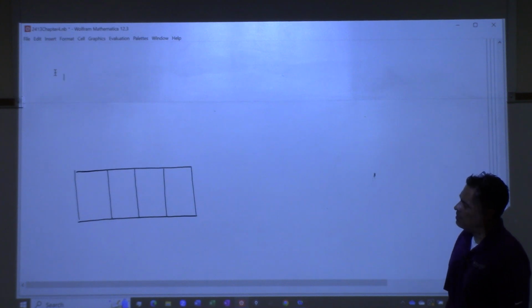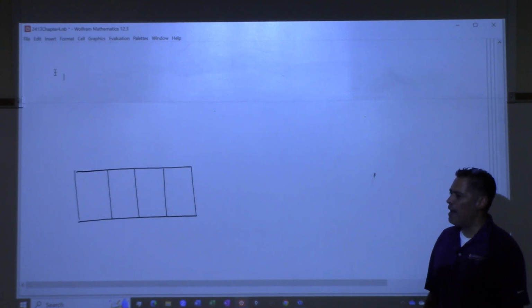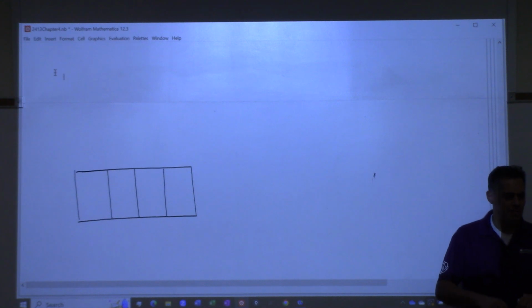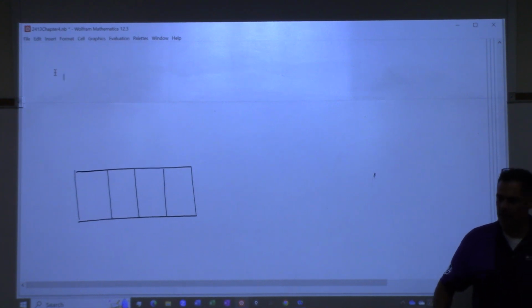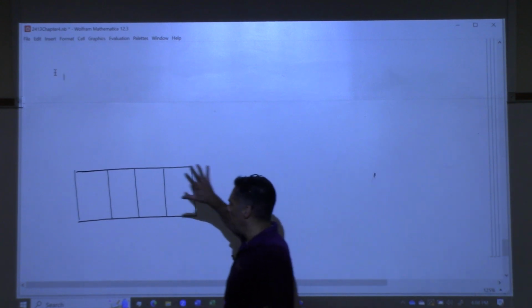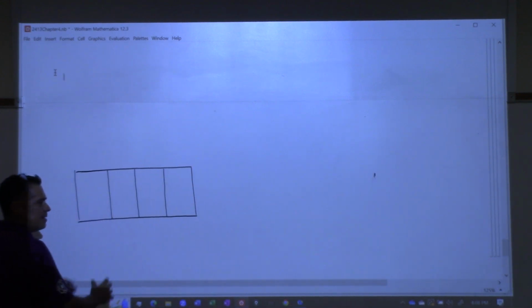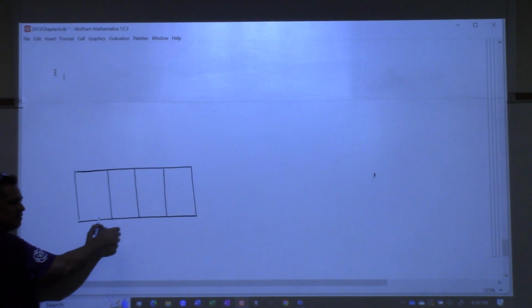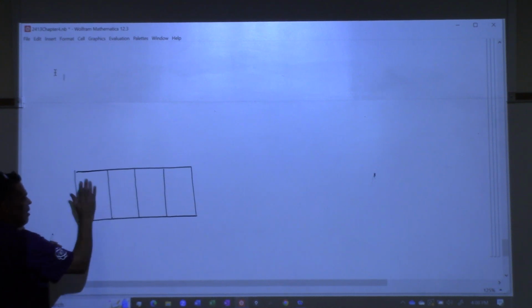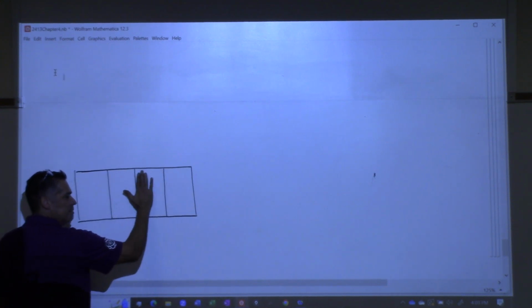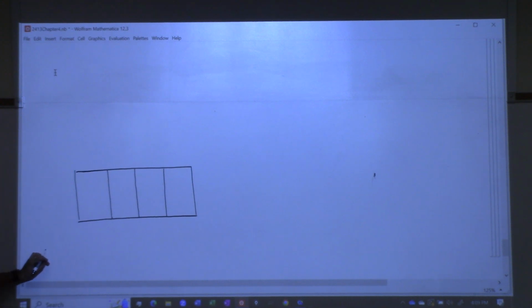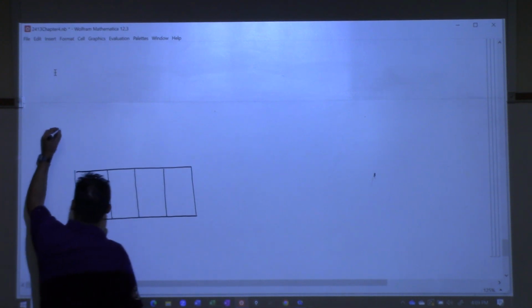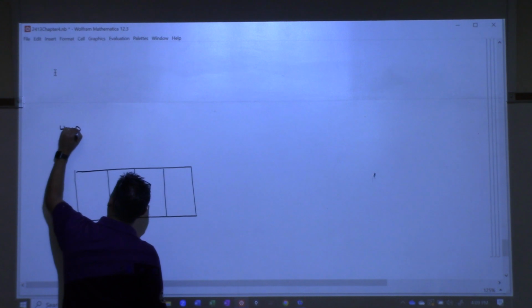Think of this more like we're trying to build fencing to put some animals in, and we're looking at this from the top down. These are like little pens for our little chickens or whatever we have, and we want four identical pens.